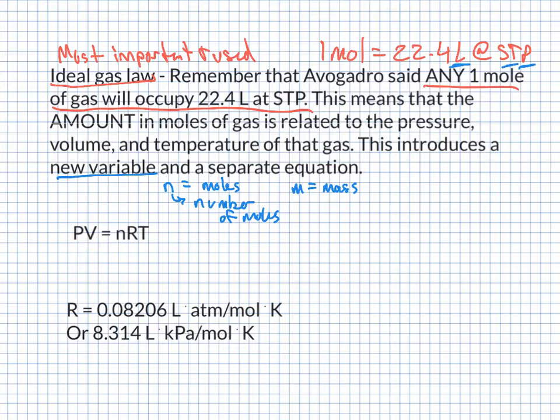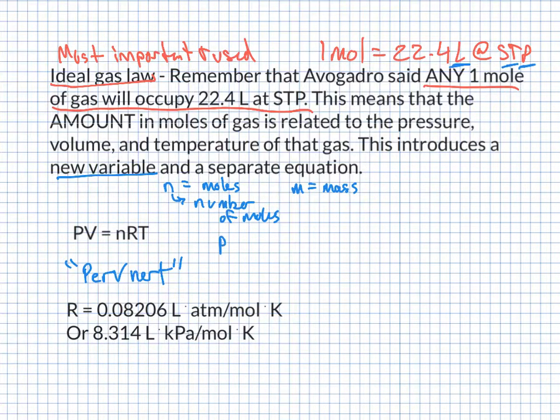But regardless, we have this formula, PV equals nRT. You will also often hear people call this Perv Nert, that's the ideal gas law. Perv Nert, I use it all the time. It's a much easier formula to deal with because there are no denominators, everything is multiplied.